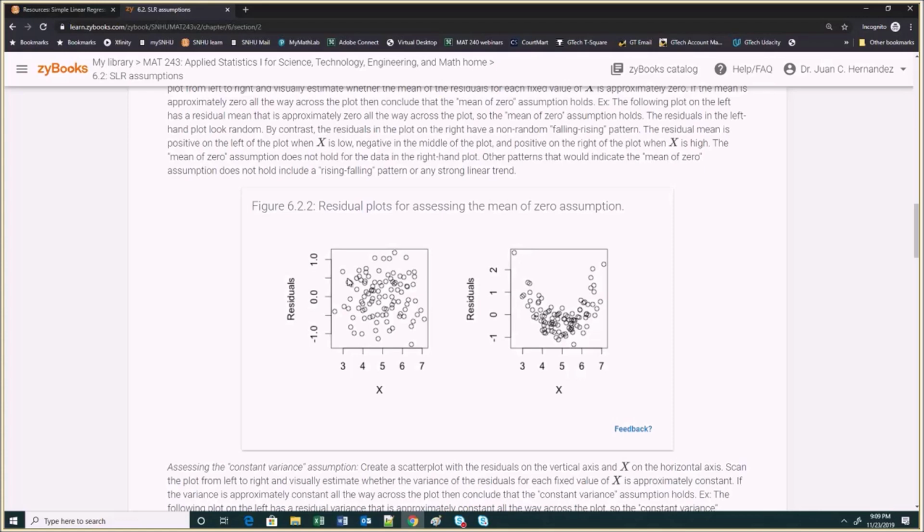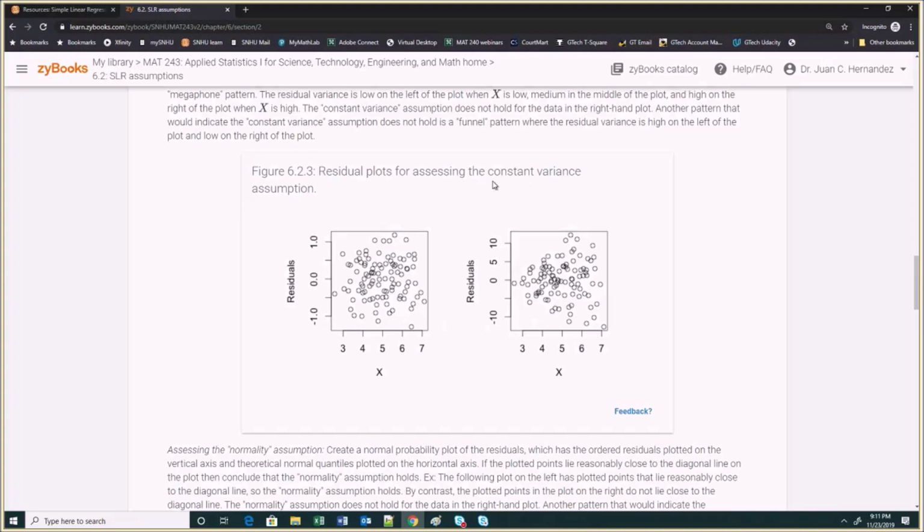The second assumption was constant variance. Again, you can use a plot of residuals against the values of the independent variable. In this case, you can see that the error terms for increasing values of the independent variable tend to be evenly distributed. However, in this case, you will see that the error terms are not evenly distributed for all values of the independent variable.